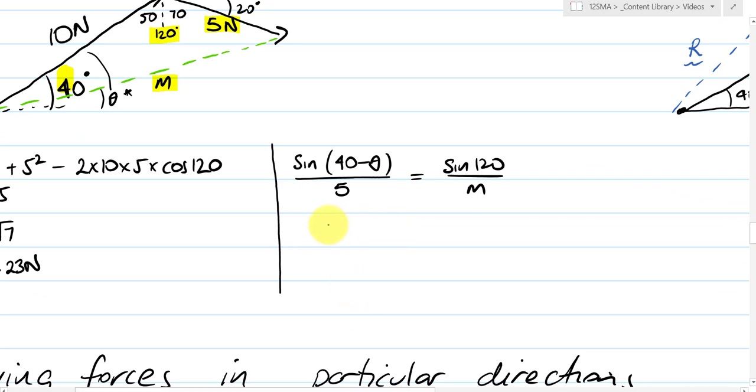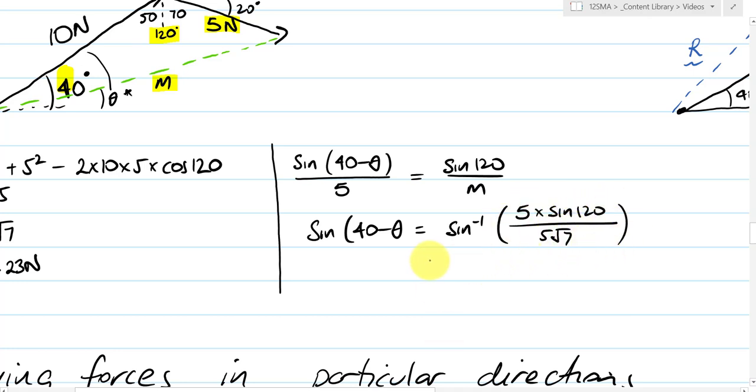So I do a bit of rearranging and I get 40 minus theta is equal to sine inverse of 5 times sine 120 over 5 root 7 from earlier, and that's nice, the 5 and 5 cancel out. I get 40 minus theta is equal to sine inverse of that.